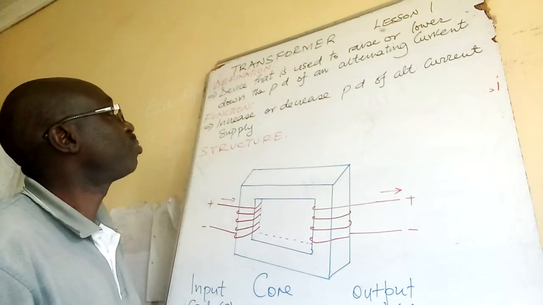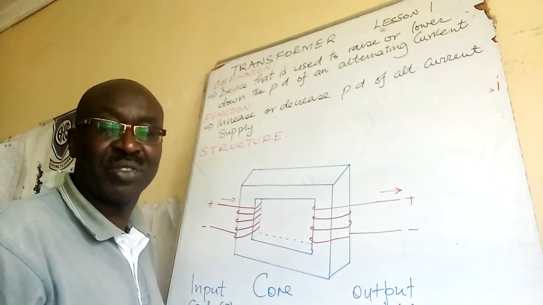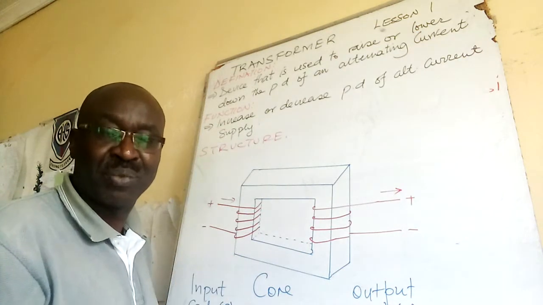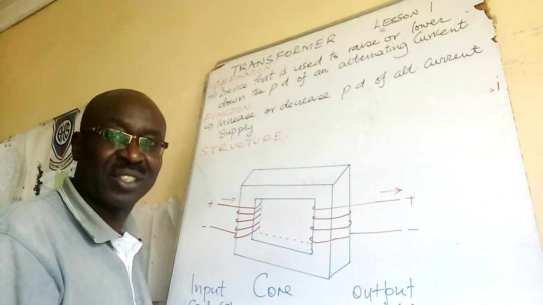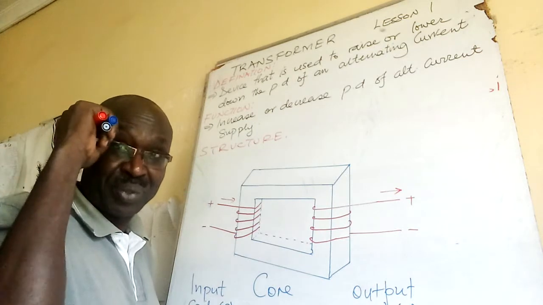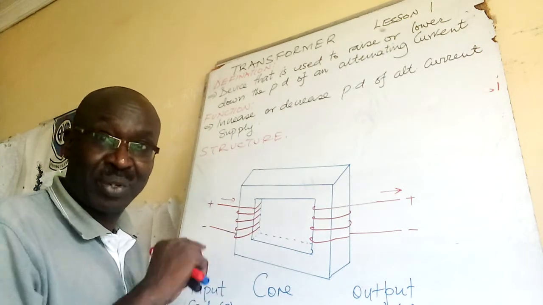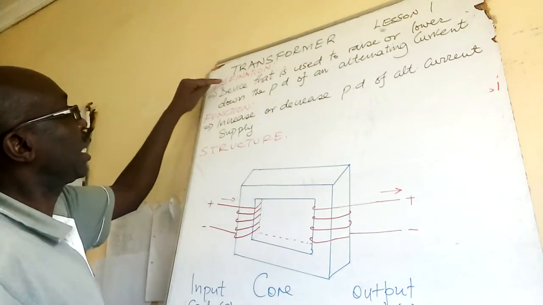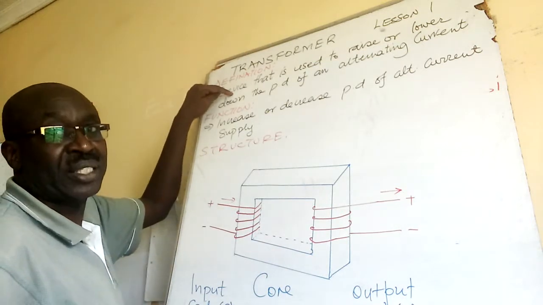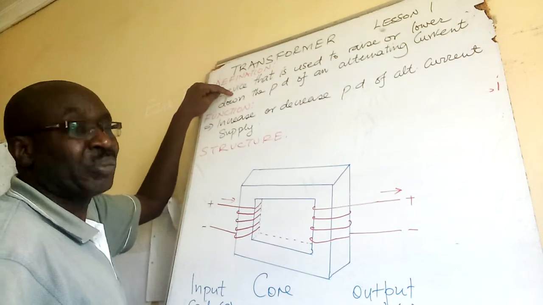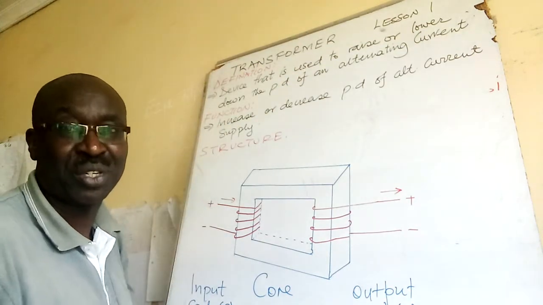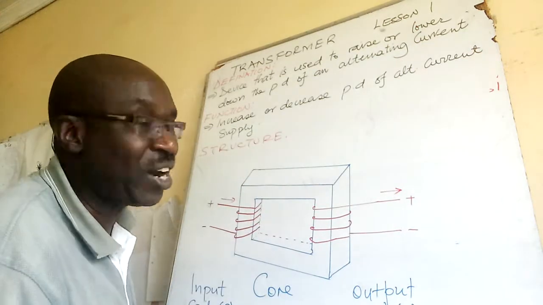Second, we are talking of increase or decrease. So it can perform two things. Okay? You can increase the PD on the secondary side, or you can reduce. So by definition, it is a device. But in this definition, you can derive a function.